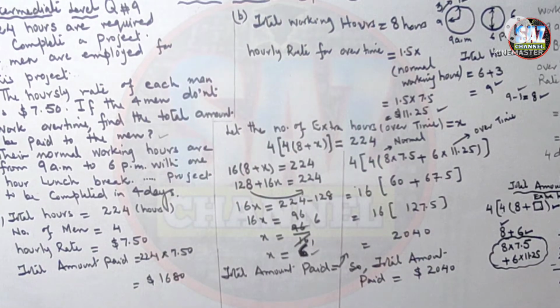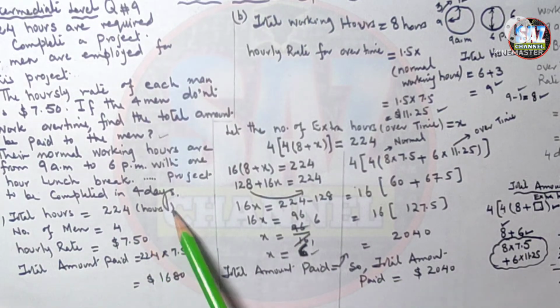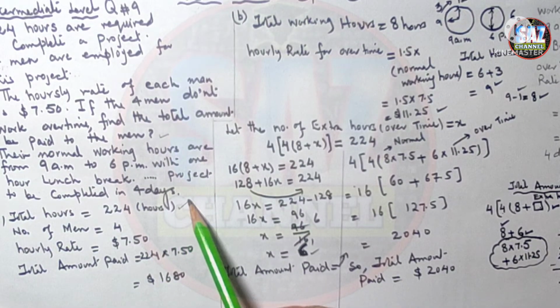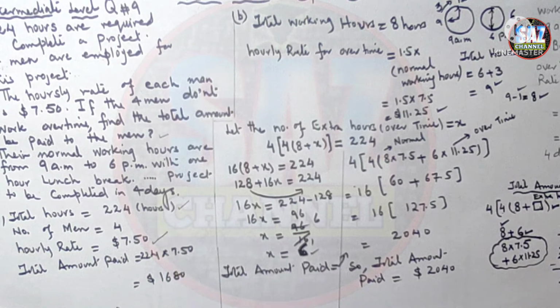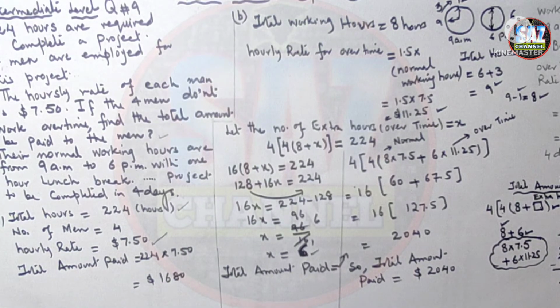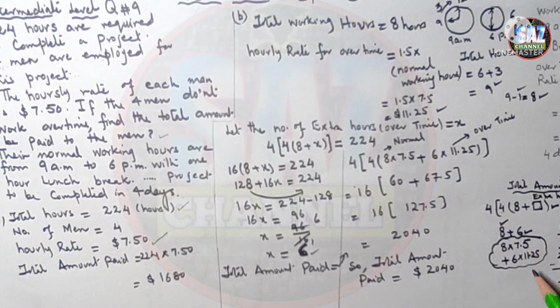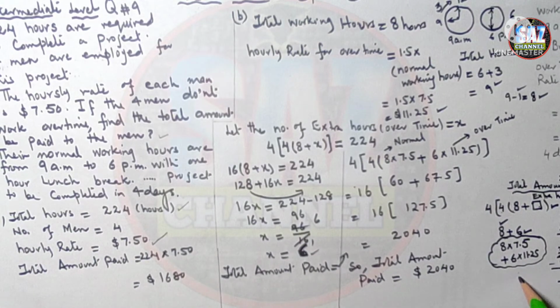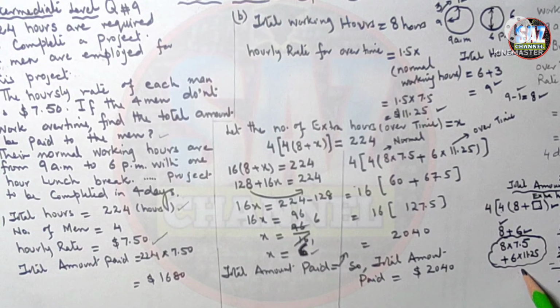I hope you are really clear how we find the total amount paid to the workers if they are working for 224 hours with the hourly rate 7.5, and then if we need to finish the work before time, we have to ask the labor to work extra time.